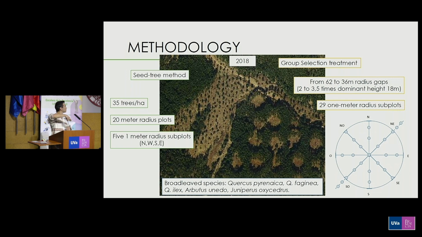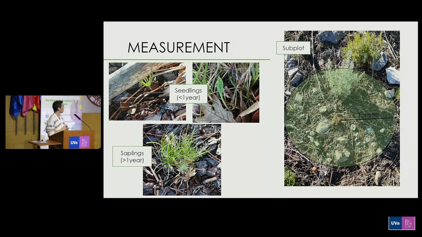In the principal and secondary cardinal radius, and 4 outside. 2 in the most sunny part and 2 in the most shade part. I also have to say that the broadleaf species, such as Quercus pyrenaica, Quercus faginea, Quercus ilex, and all these species were not cut.